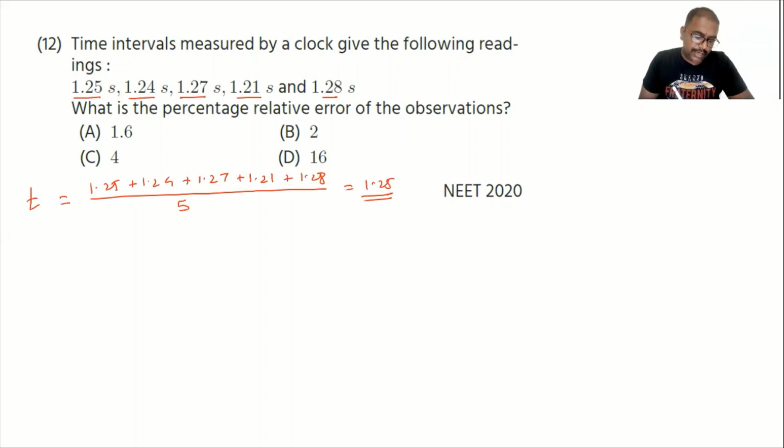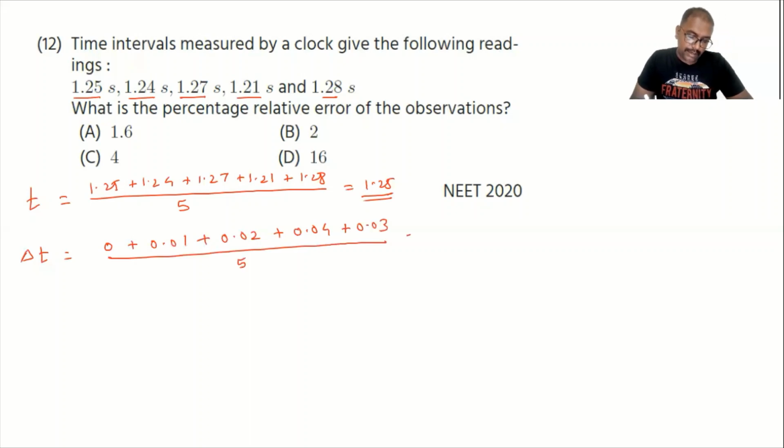Then we have to find the absolute error in every value, and then the mean absolute error. Mean absolute error is equal to: absolute error in the first value is 0, second value is 0.01, third value is 0.02, fourth value is 0.04, then 0.03, divided by 5.